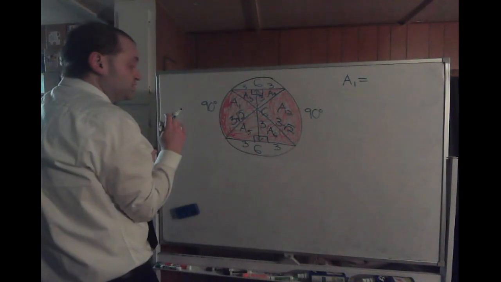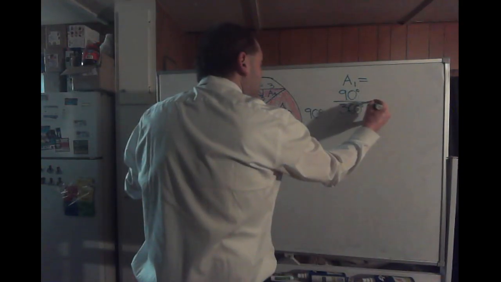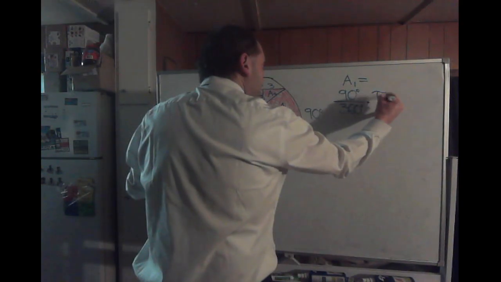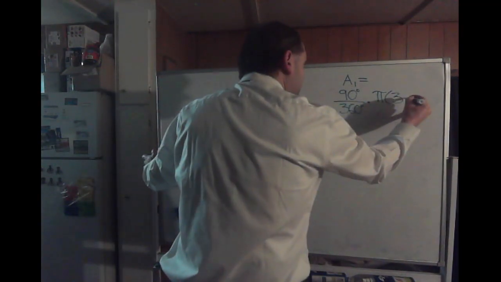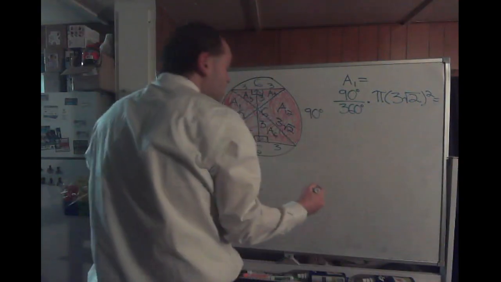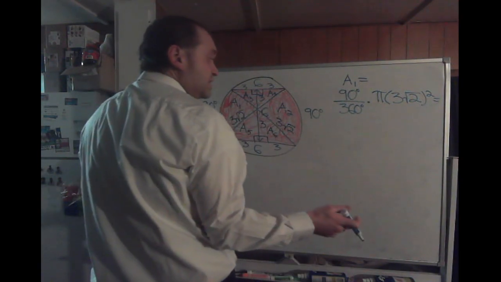Area 1 is going to be equal to, of course, your arc measure is 90, so that'd be 90 degrees out of 360 degrees times pi times the radius to the second power. That'd be 3 times the square root of 2 to the second power. Well, what's 90 out of 360?